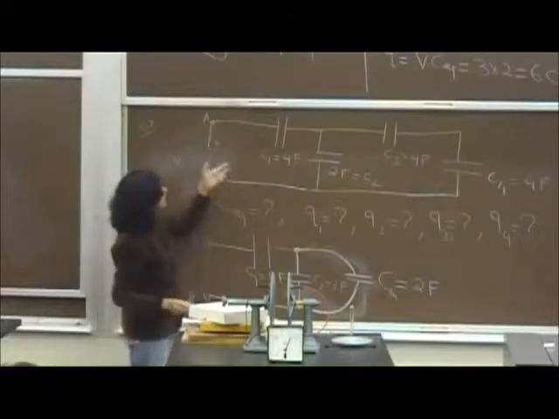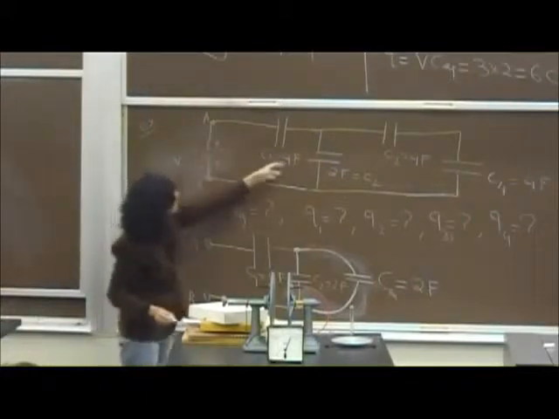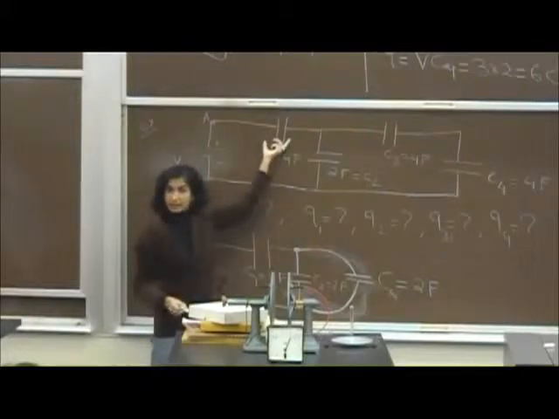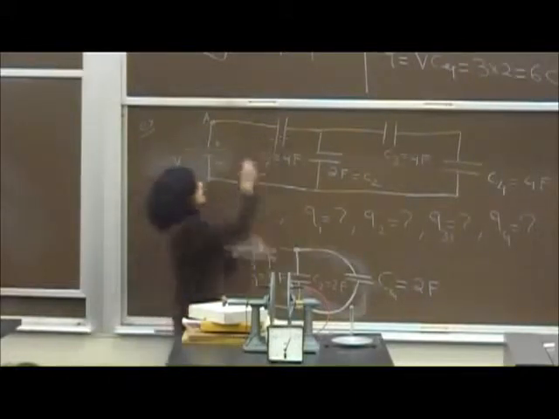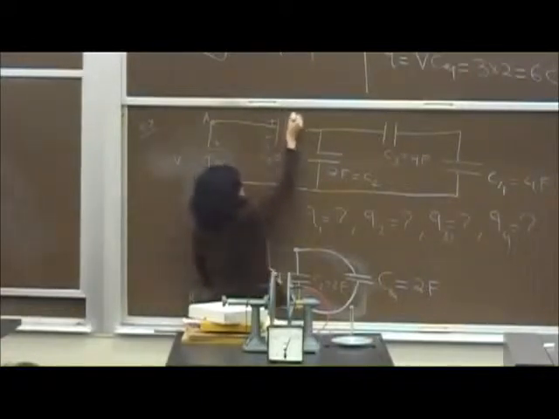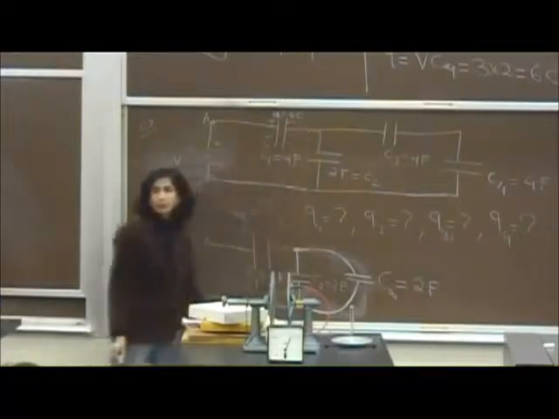You can see that the charge that is flowing out here, the same amount of charge will accumulate on this, right? So the Q here is 6 coulomb.